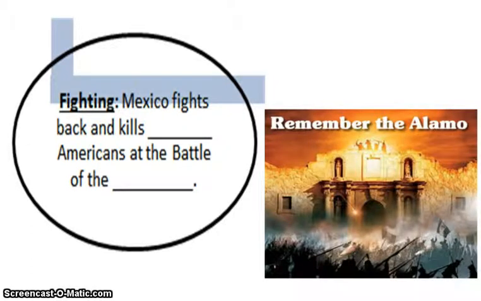Mexico attacks, and after a 3-day siege, approximately 185 Americans are killed at the Battle of the Alamo. This is kind of like the trigger point that really starts the war. The Americans lose the first battle of the Alamo, but it inspires a lot of other Americans to come fight in the war.